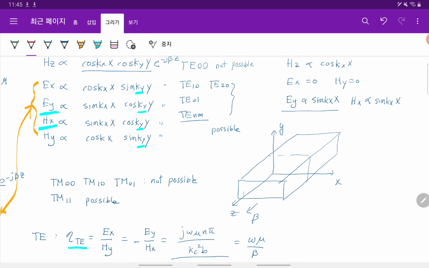So the Y direction we can draw like this. Because at the center, the electric field will be high, but as it goes to the boundary, the electric field along the Y direction will be smaller.